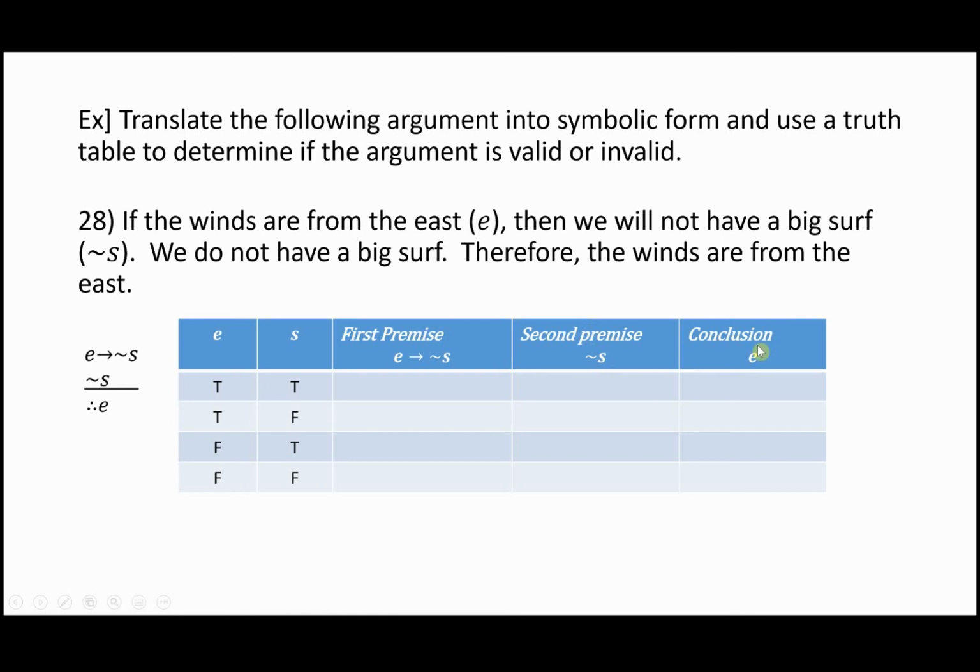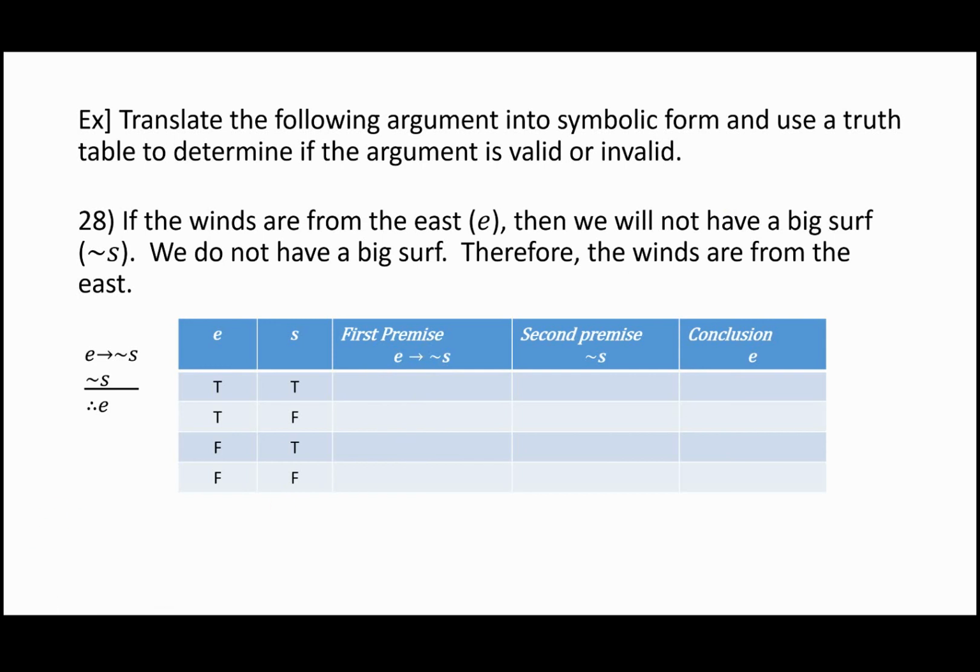Second premise is tilde S. Conclusion is E. Go ahead and add those specific statements in their symbolic form yourself. And then if you need a little bit of side work to figure out what the conclusionary truth value is for each case of this conditional statement, by all means do a little bit of side work. But here I'm going to show you the final answers.